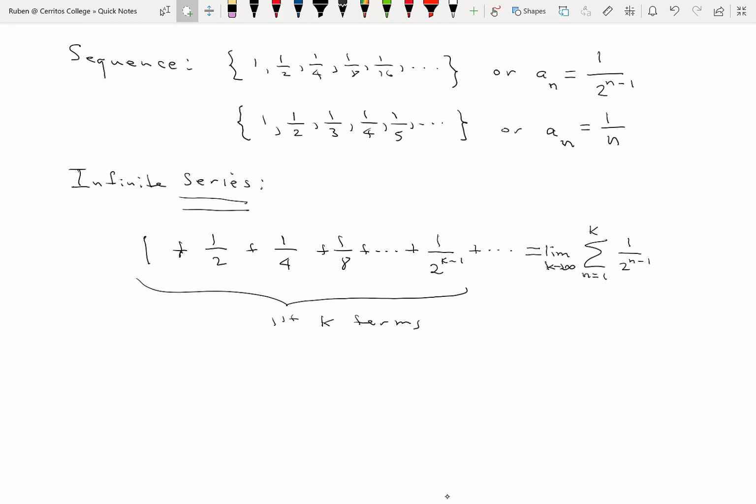And that covers every term in the sequence then. The limit as k approaches infinity allows us to consider an infinite sum or a series.